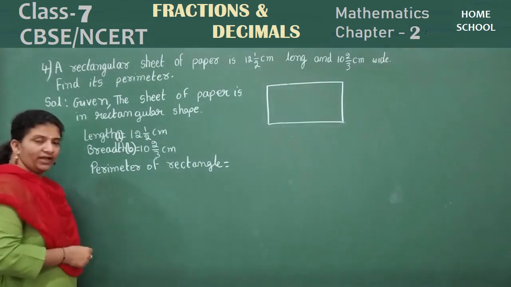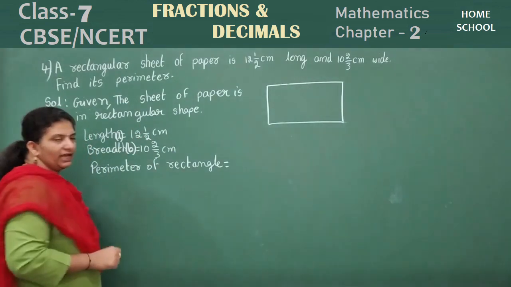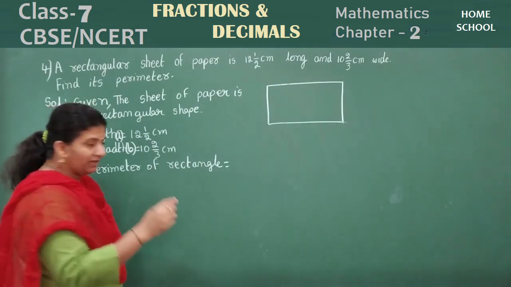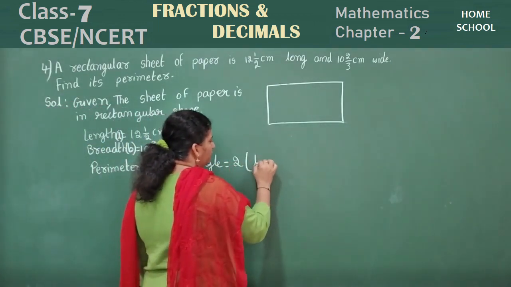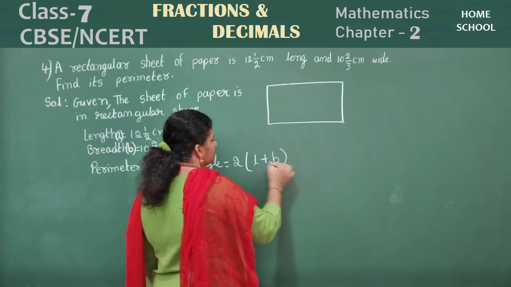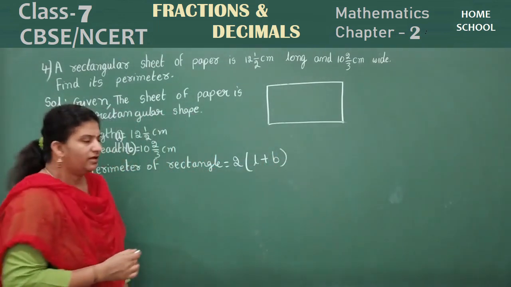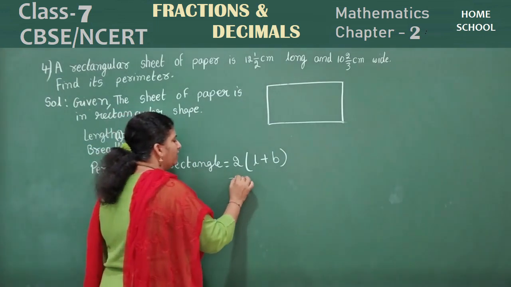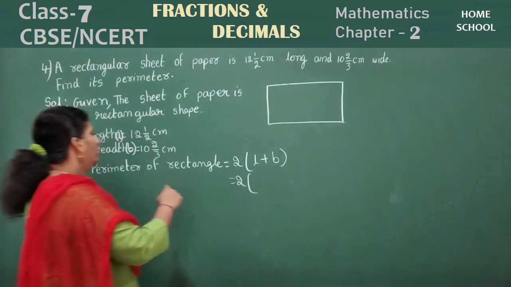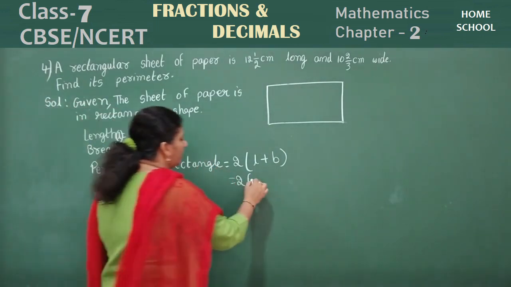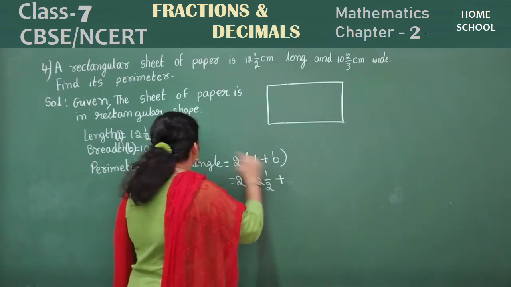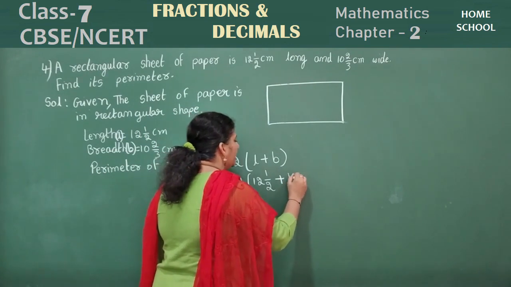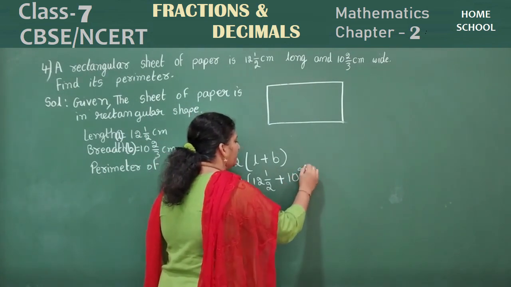What you need to find? Perimeter of rectangle. What is the formula, children? 2 into (length plus breadth) units. What is the length given here? 2 into (12 1/2 plus breadth 10 2/3).